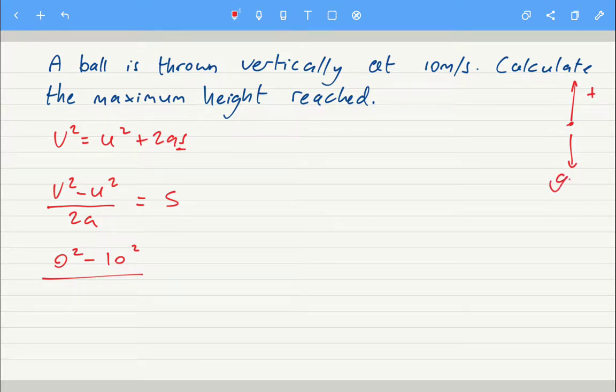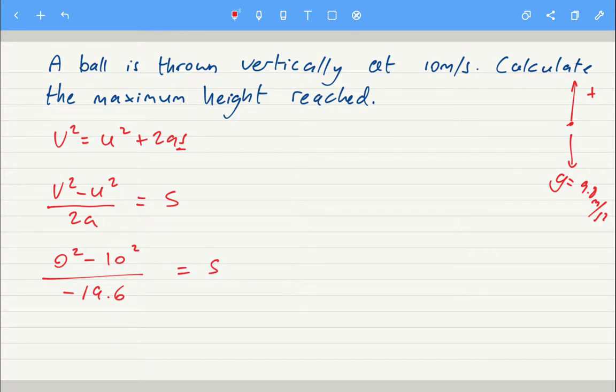The acceleration due to gravity is 9.8 meters per second squared. But because it's down, it's in the opposite direction to what we gave positive to. It's a negative value, so it's 2 times minus 9.8. So that gives us minus 19.6. And that'll give us the displacement.